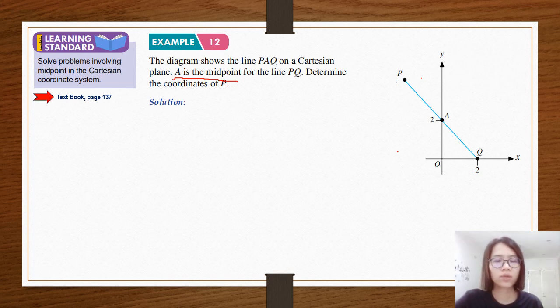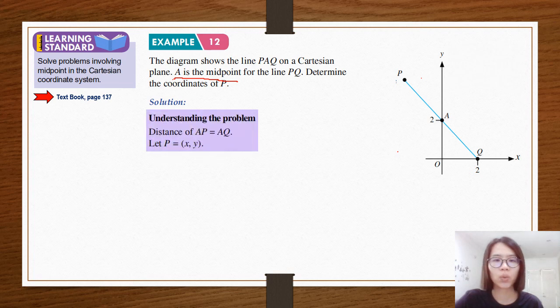So in order to solve this problem, we must know and understand the problem. Given that the point A is the midpoint for line PQ, so the distance of AP is equal to AQ. And now we identify the coordinates for each point on the Cartesian plane.